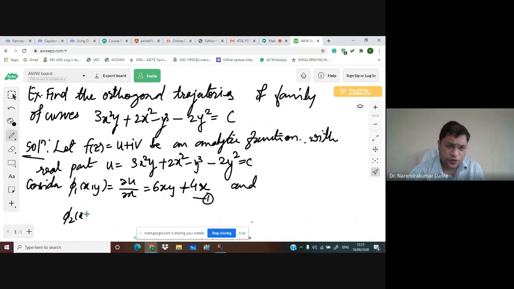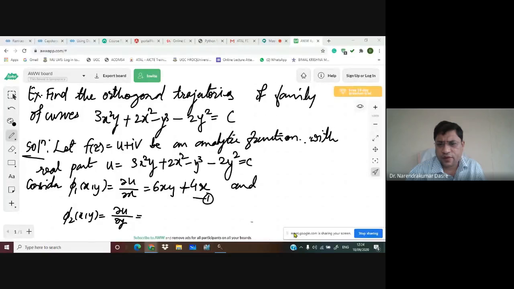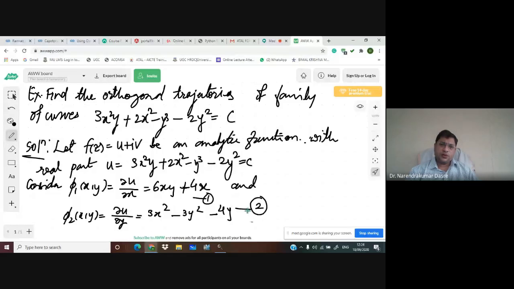And we have phi2 of xy, that is dU by dy. So here we have to consider with respect to y. And hence we have here 3x square. The derivative of this term will be 0. Now minus 3y square, and here this will be minus 4y. So let this be equation 2.